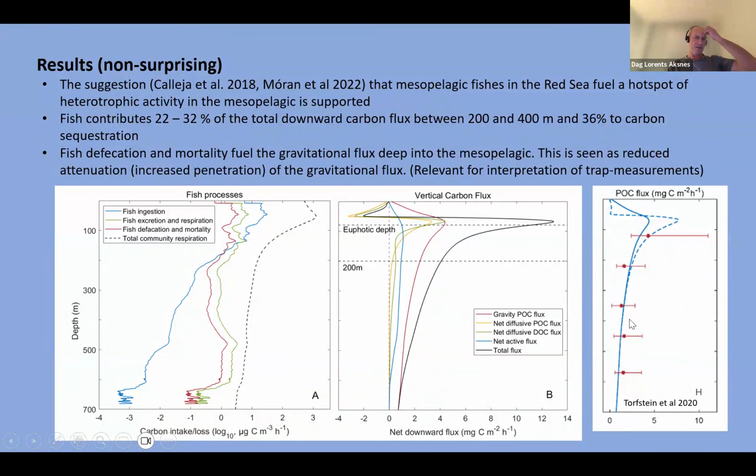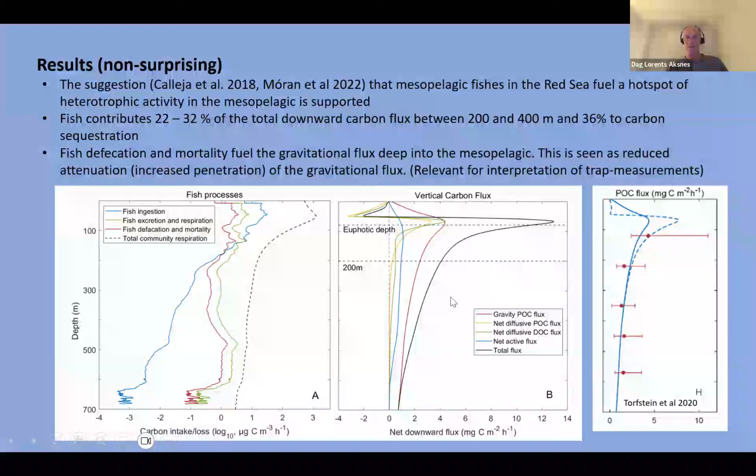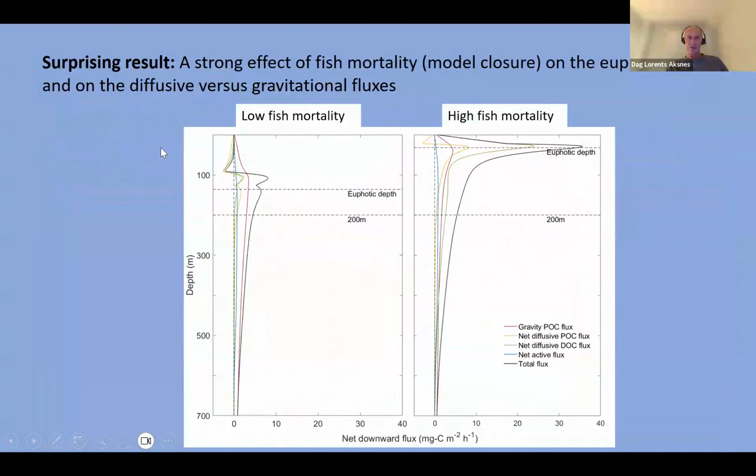And that could be something that we should look for also elsewhere in the ocean, that the Martin curves and the attenuation are reflected by the fishes and what they leave in terms of mortality and defecation within the mesopelagic.